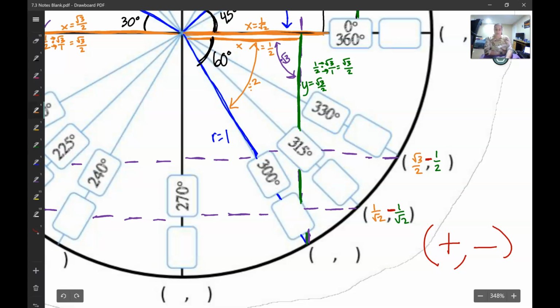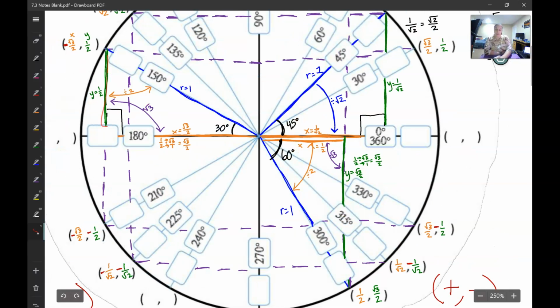So for this point, the X value is 1/2. The Y value is √3/2. So you'll notice it's just this point flipped because they're both 30, 60, 90 triangles. They just face different directions.